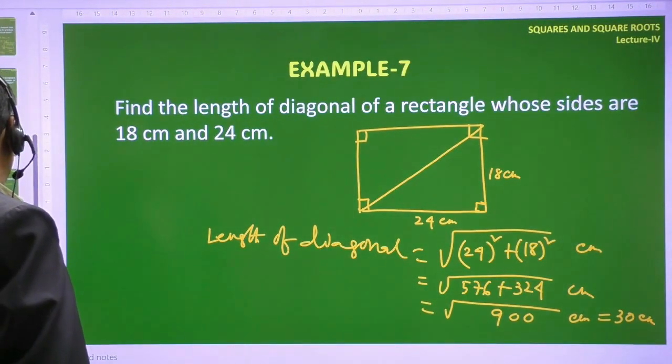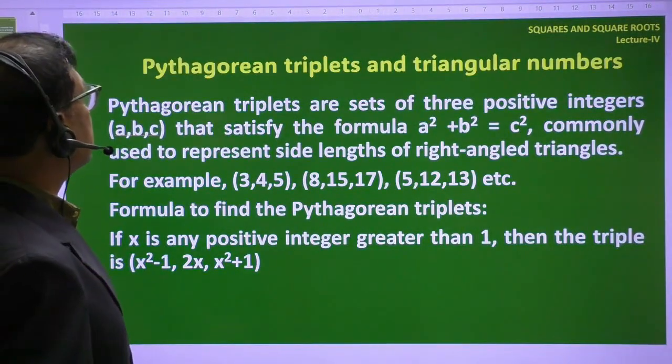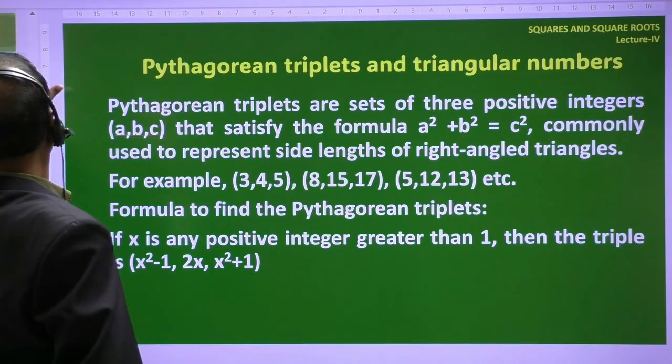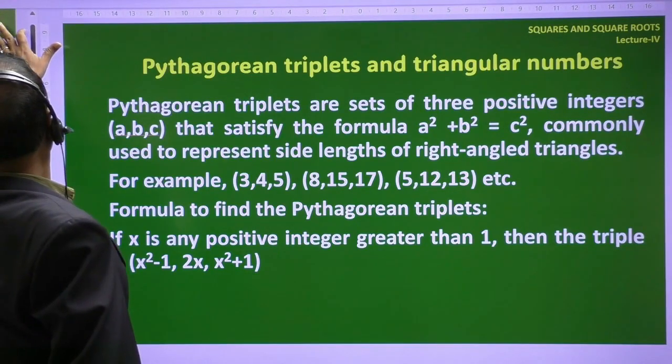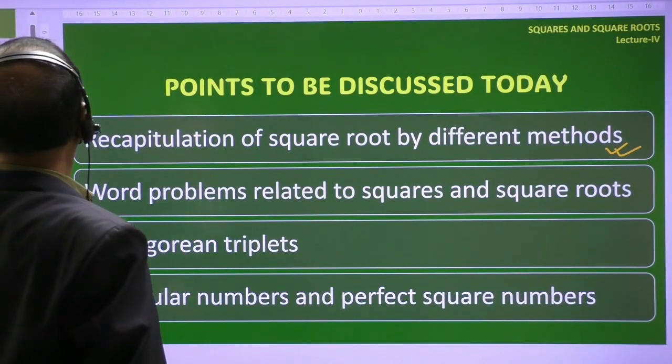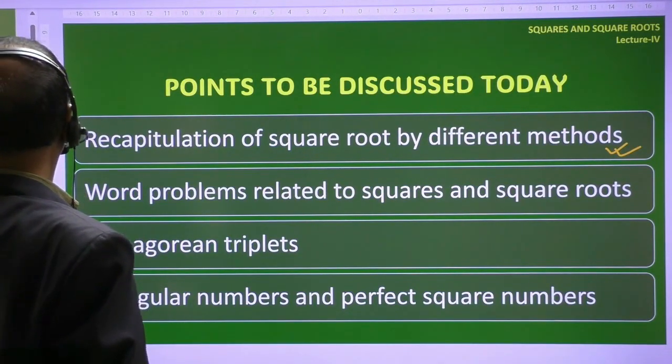Now we will discuss the next point, Pythagorean triplets and triangular numbers.